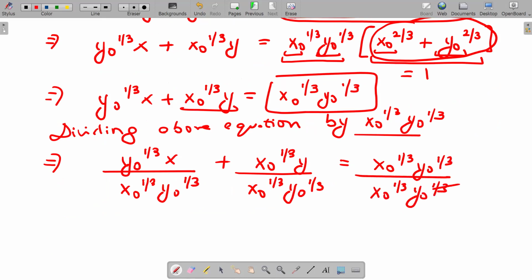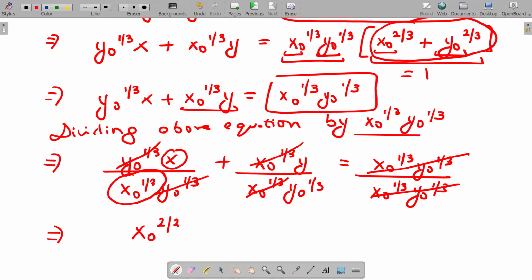Now students can see this and this cancel out, this and this cancel out, this and this cancel out. So I get x over x0^(1/3), which is x0 to the power 1 minus 1/3, which is 2/3.